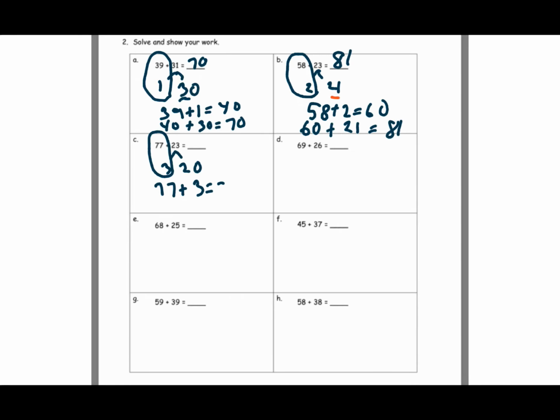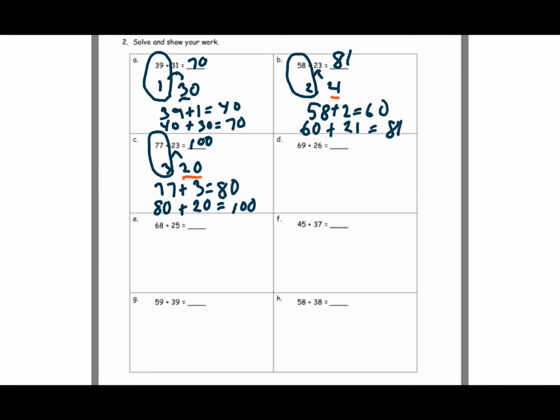And that gives me 80. And I still have my 20 here, so I'm going to write down 80 plus 20. And look at that, boys and girls. That equals 100. So 77 plus 23 is equal to 100.